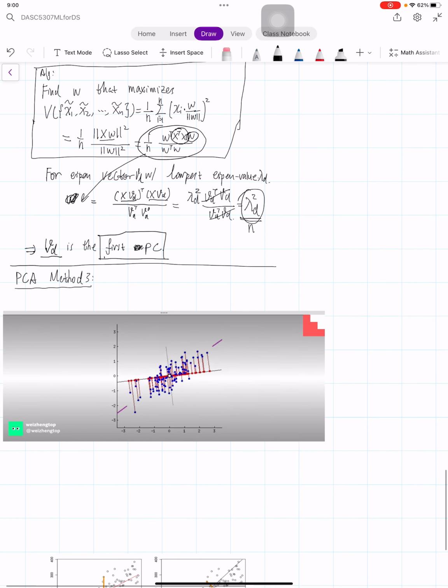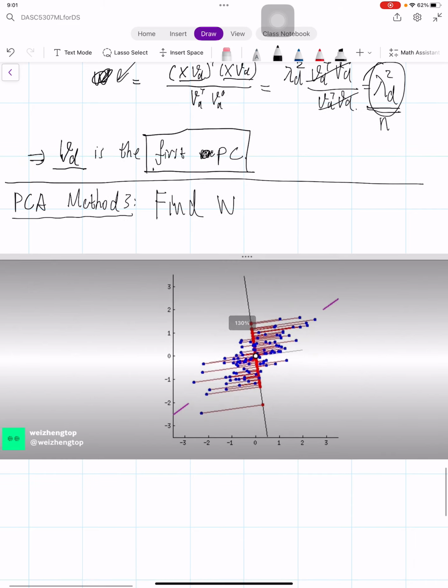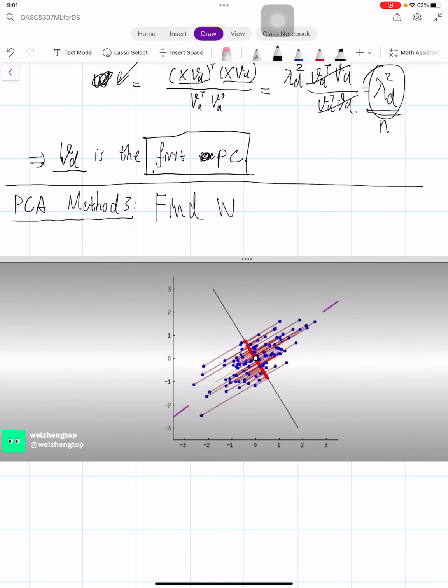The third method is to find a W that minimizes the mean squared projection distance.